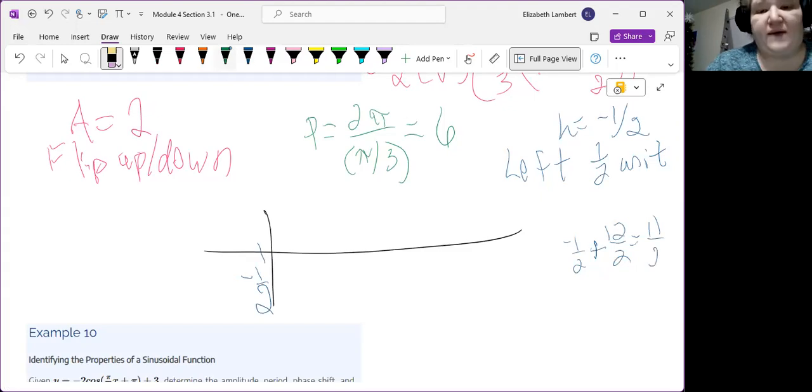All right, so we have 11 halves way over here as our end of the period. Now I need to know what's halfway between negative 1/2 and positive 11 halves. When we're finding the halfway mark, that is our average point. So I would say 11 plus negative 1 is 10. Divided by 2 is 5, so 5 halves.